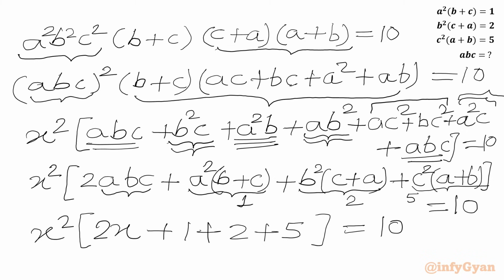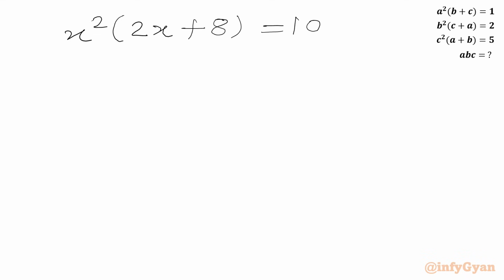Or I can write x square in the bracket 2x plus 8 equal to 10. Now we can take 2 common from this bracket. We will get 2 times x square (x plus 4) equal to 10.